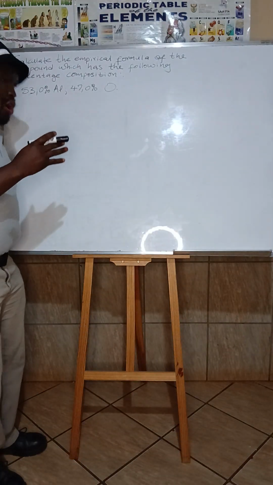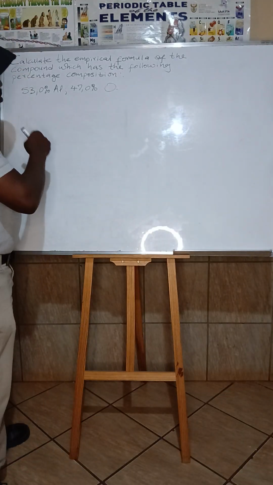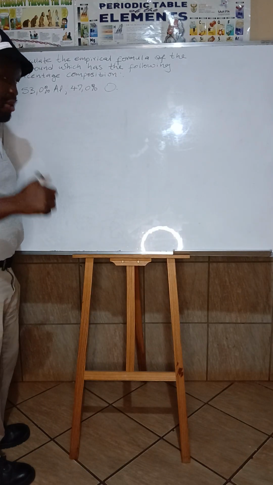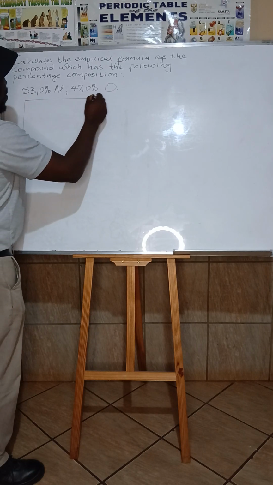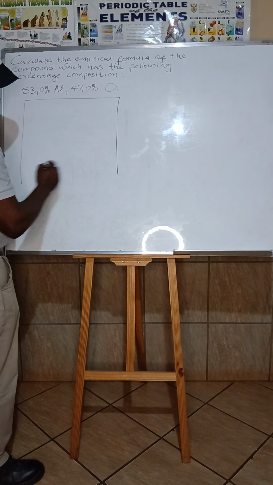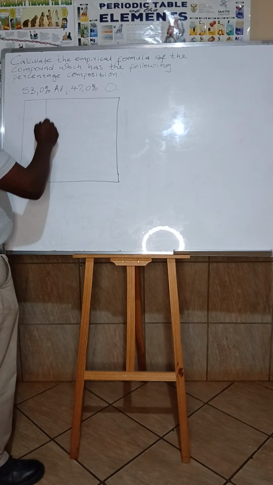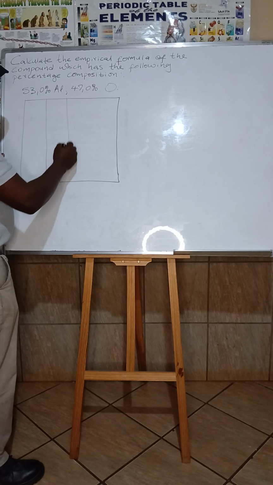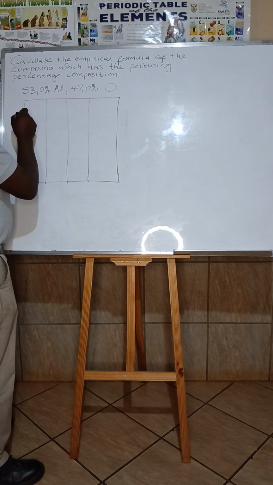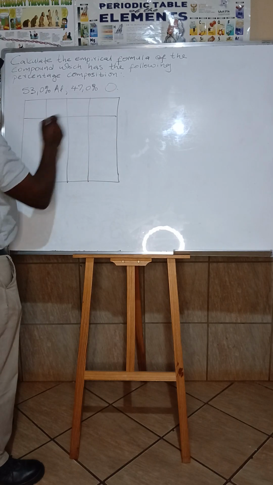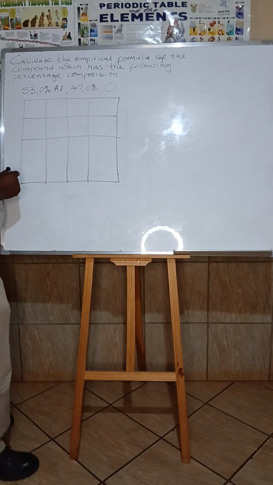Okay, for the explanation which I'm going to give to make more sense, I need to first draw a table in this form. The table will consist of 4 columns and 3 rows.